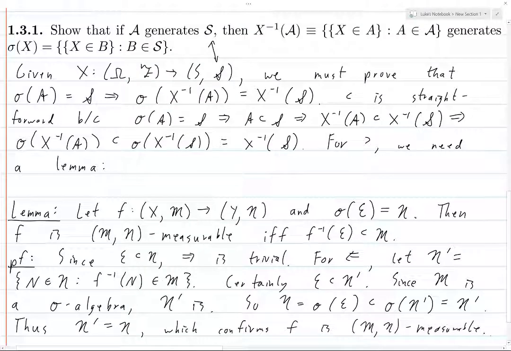Because the fact that any element of N is in N prime means that any element of N is such that its inverse image under f is in M, which is what it means to be measurable from M to N.